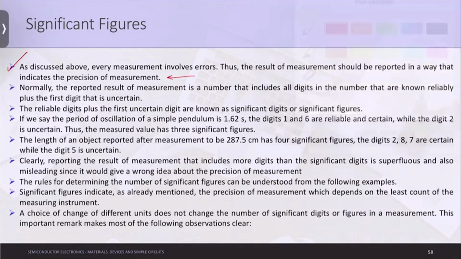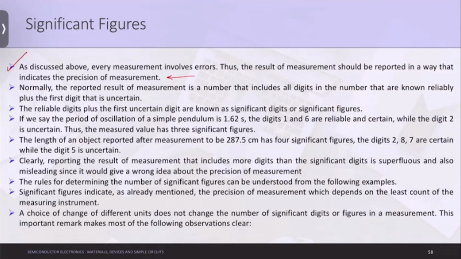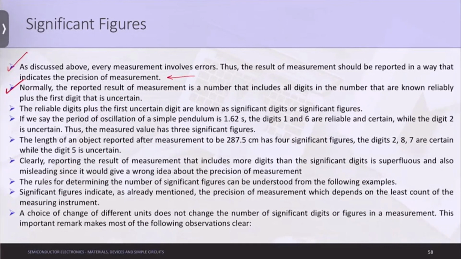Now, next thing is that normally the reported measurement of error is a number that includes all digits in the number that are known reliably plus the first digit that is uncertain. So what does this line try to tell you? That the final result which you obtain includes all digits, but there are some numbers which are reliable or certain, and there are some numbers which are uncertain.